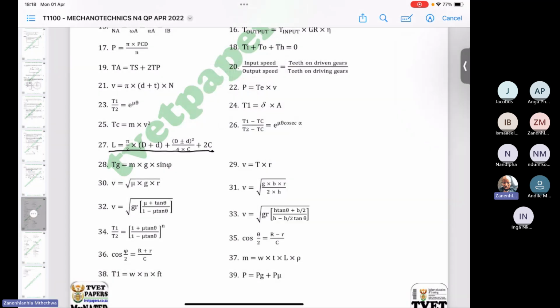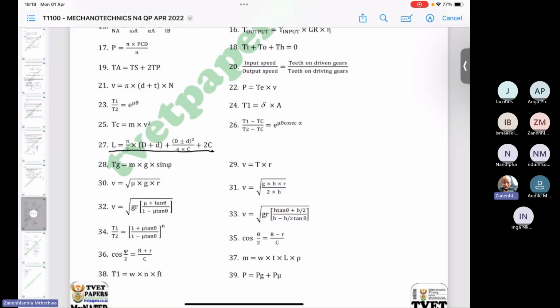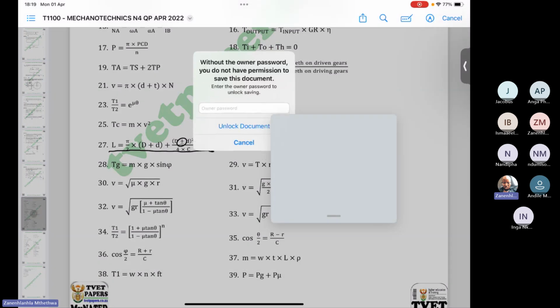The plus or minus will depend on the kind of belt drive system you are looking at. For an open belt drive system, you use minus here. And for a crossed belt drive system, this will be plus.